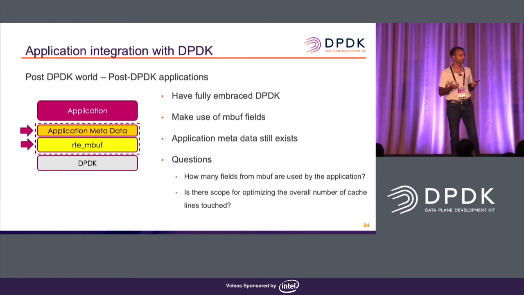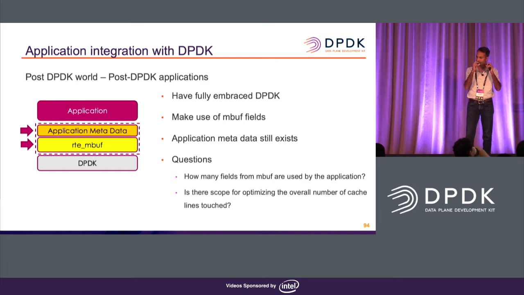They make use of the MBUF fields, and in my experience, they still have to have that application metadata, which is not part of RTE MBUF but is specific to them, and they have to carry it around. It might be very light, but they still have to carry it around. All right? So that application metadata is in an additional cache line because they cannot touch RTE MBUF.